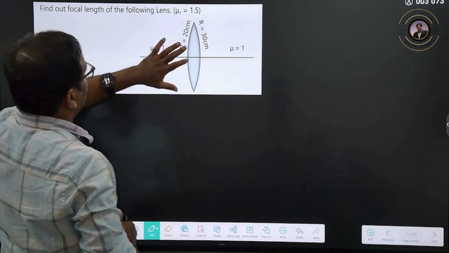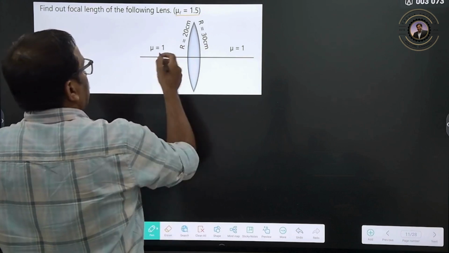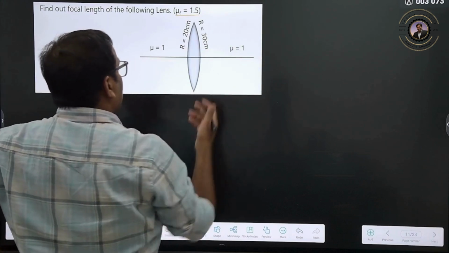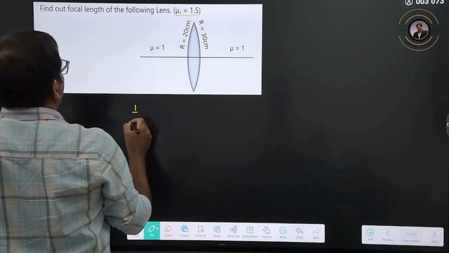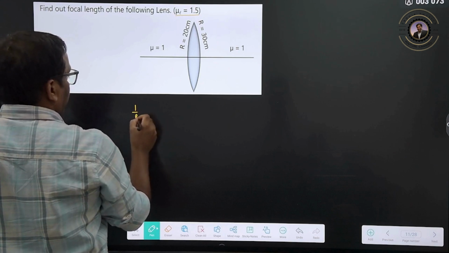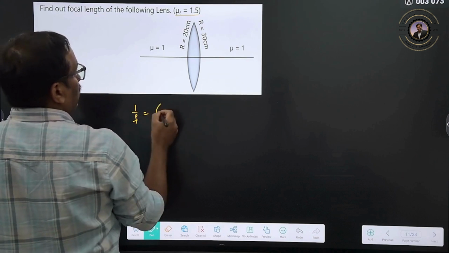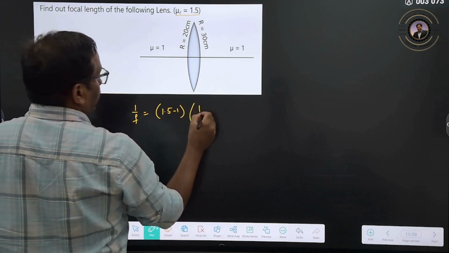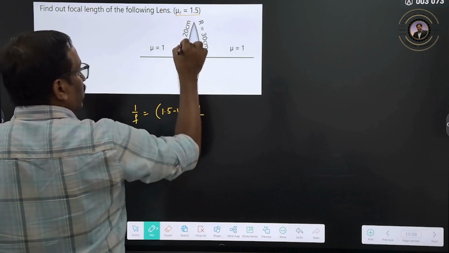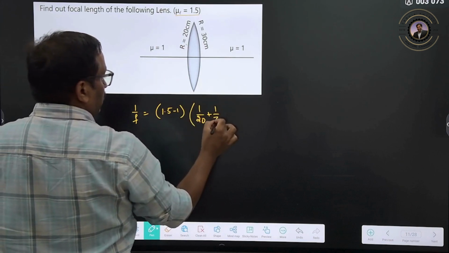This lens is made up of material with refractive index 1.5, and it is kept in air. We are asked to find the focal length. 1 by F equals n minus 1, since it is kept in air, so 1.5 minus 1 into 1 by R1, which is 20 centimeter, plus 1 by 30.